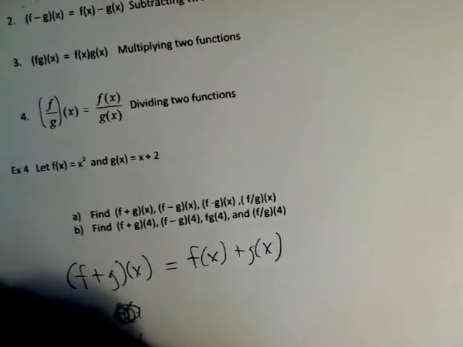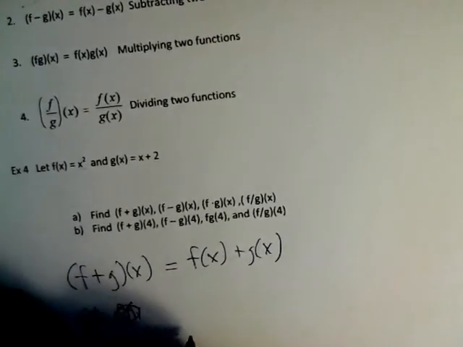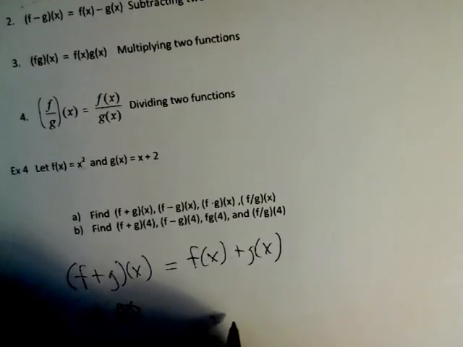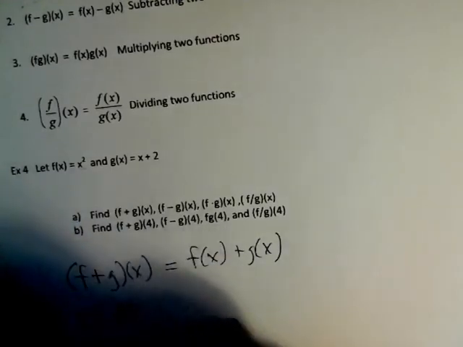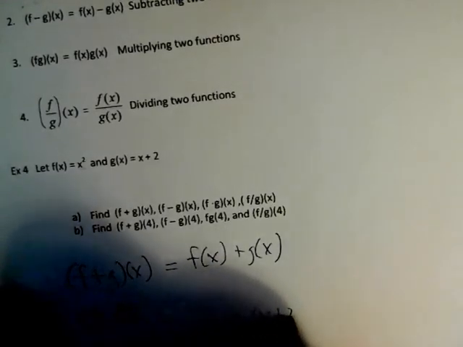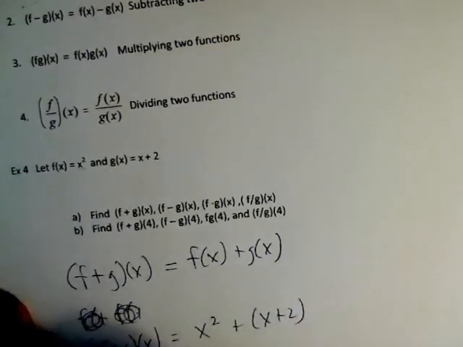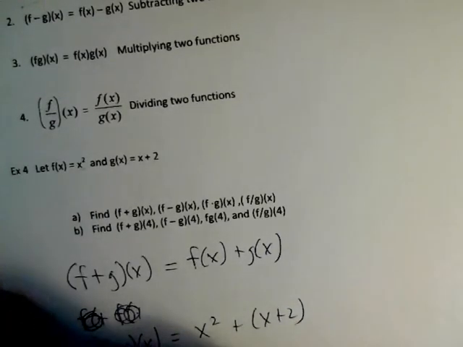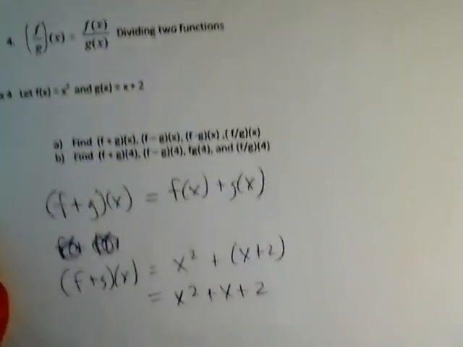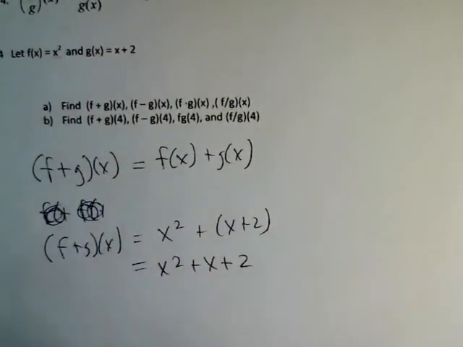So f plus g of x, well, f of x is x squared, g of x is x plus 2. I can remove my parentheses, and there's nothing to do but just list those terms there. So that's what f plus g of x is.